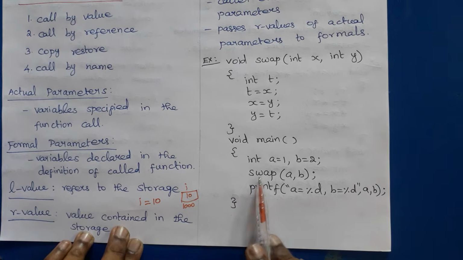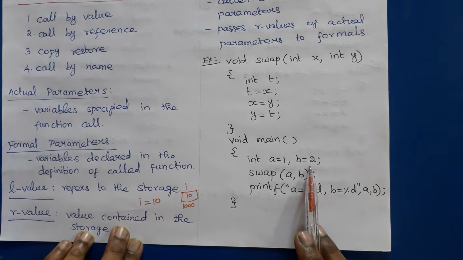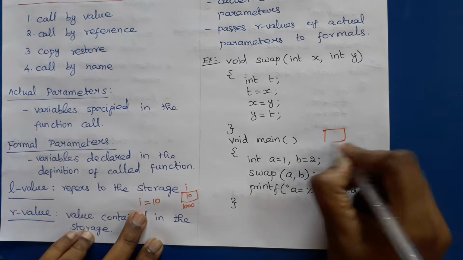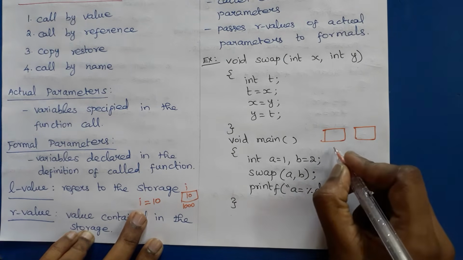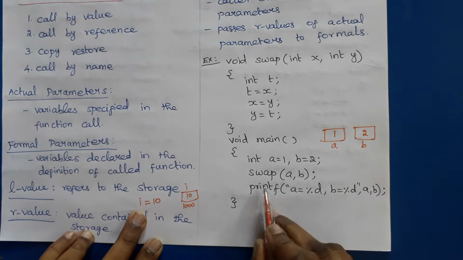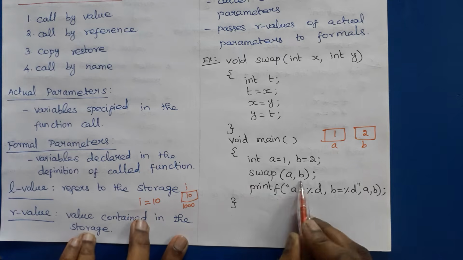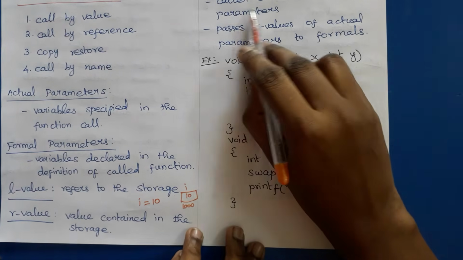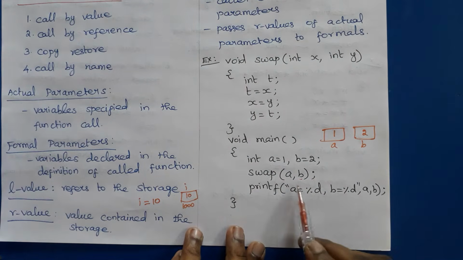So void main, here A and B variables are declared. These are the two boxes for A and B. The value for A is 1 and B is 2. Then swap of A comma B. This is a procedure call, and here 1 and 2 are passed, because the caller evaluates the actual parameters and the R values of A and B must be passed.